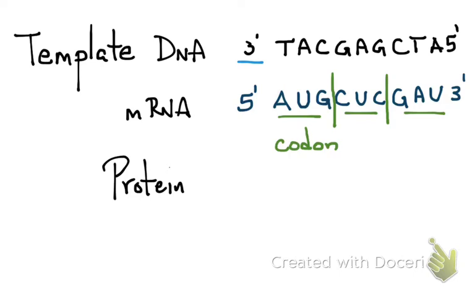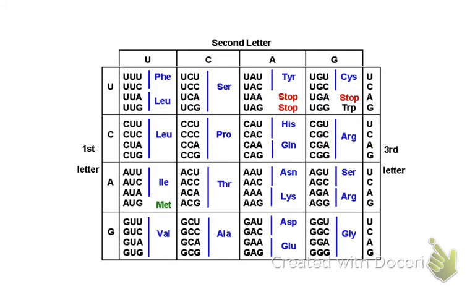So let's take a look at how we use a codon code, and how we use a graphic organizer of these codon codes to determine an amino acid sequence. And so I bring you to this particular table right here. There are also codon codes that are circular in nature, but for AP Biology, we're going to use this format here.